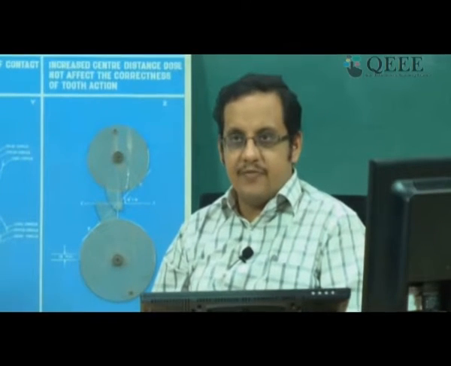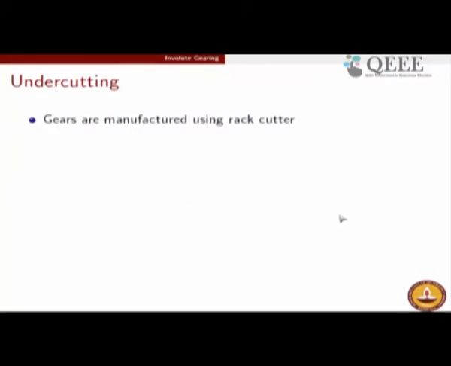Even if the involute profile is not complete and certain portions are not involute, the engagement never happens in that portion, and as a result one is saved from the consequences of interference. Okay. A very related process is that of undercutting.